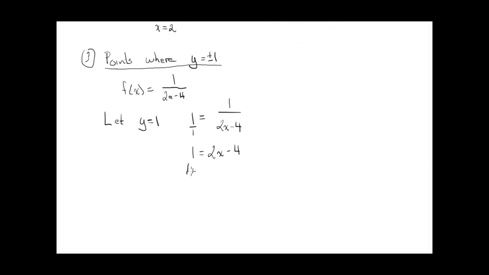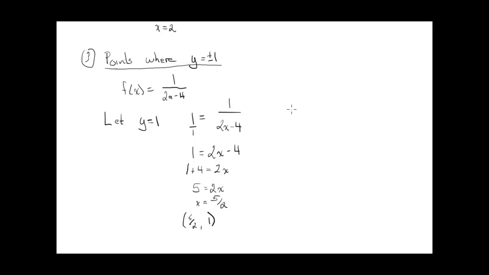So 1 plus 4 equals 2x, 5 equals 2x, so x is equal to 5 over 2. Therefore we have a point. Oh, sorry, I got that backwards. The point would be x is 5 over 2, y is 1. So we can put that point on the graph.